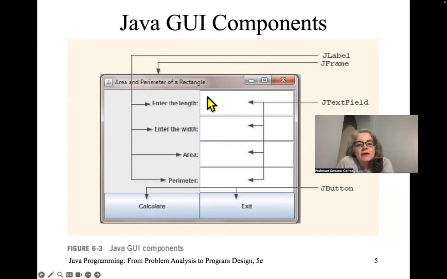Then you have JFrame. So JFrame is the window itself. Okay, so that's JFrame. We have label, we have text fields, and then we have buttons. So those are our GUI components.